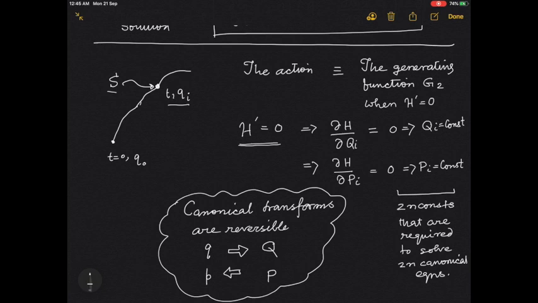And then we realized that if the Hamiltonian is 0, the capital Q and capital P are constants of motion with respect to that Hamiltonian.